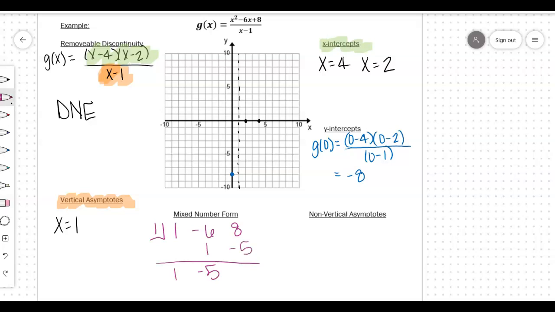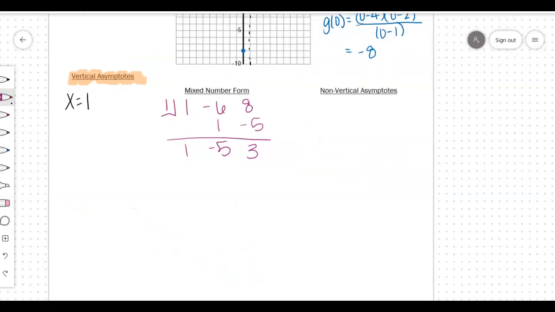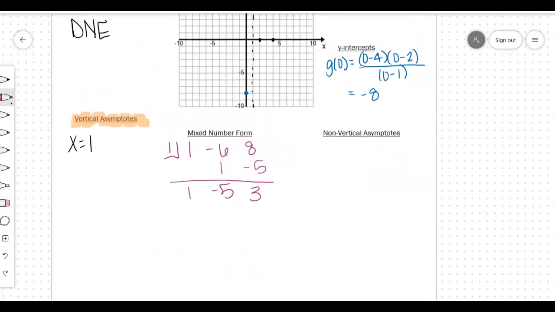Times 1 is negative 5, added to 8 is a 3. So our mixed number form for g of x, I'm going to change that to a g of x instead of a y, 3 is our remainder over our divisor. Here's our polynomial part, negative 5, and then 1x.